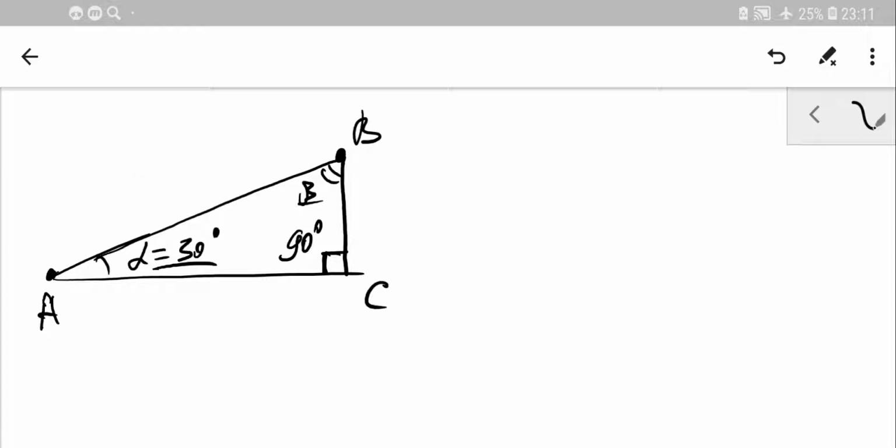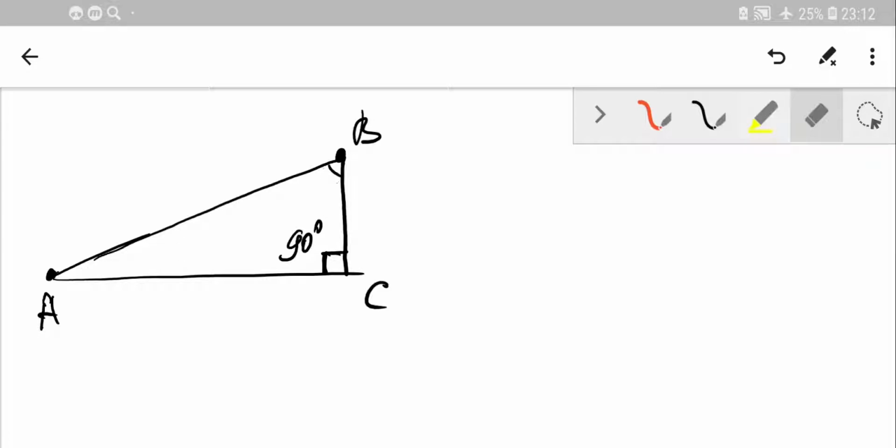You heard the first term, legs, and another very significant one is hypotenuse. The hypotenuse is the longest side that is opposed to the 90 degrees angle. We just need to understand where the 90 degrees angle is.